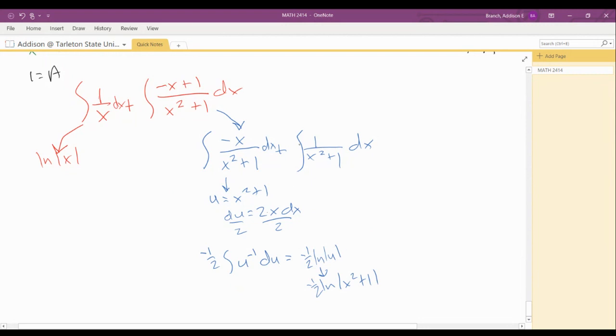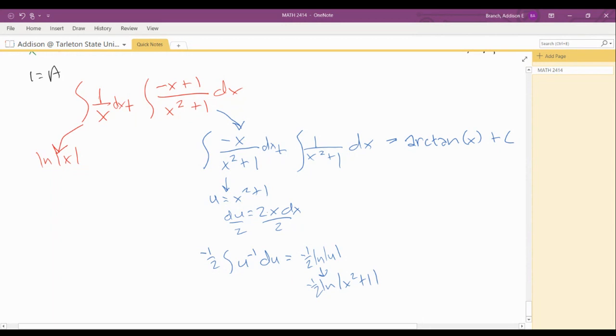Now we have to take a look at this part. Although I don't think I went over it in this lecture, your profs probably have covered this a little bit. This is another common identity. Our integral for 1 over (x squared plus 1) is going to be arctangent of x plus C. That's just one you have to memorize.